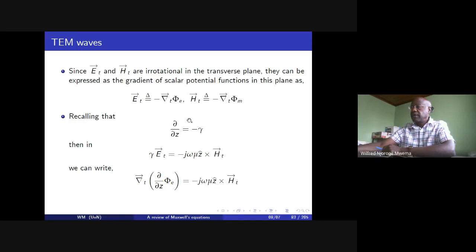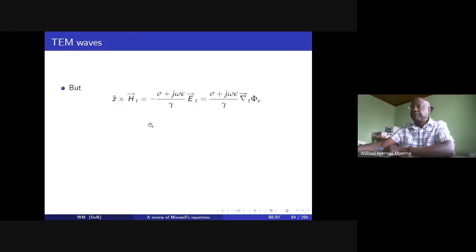Remember that phi_E we'll call the electric scalar potential function, and phi_m we'll call the magnetic scalar potential function. We are not replacing that as yet, because this value can be written in terms of E_t, and therefore we can separate phi_m and phi_E in the equations.